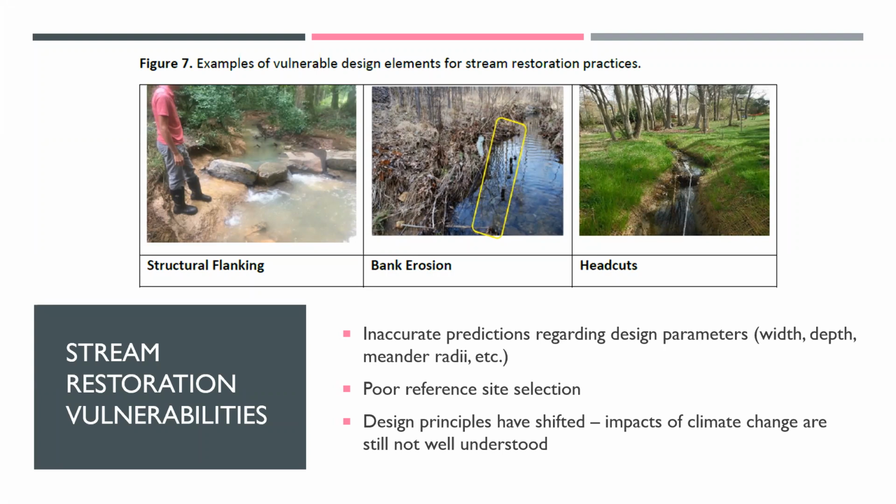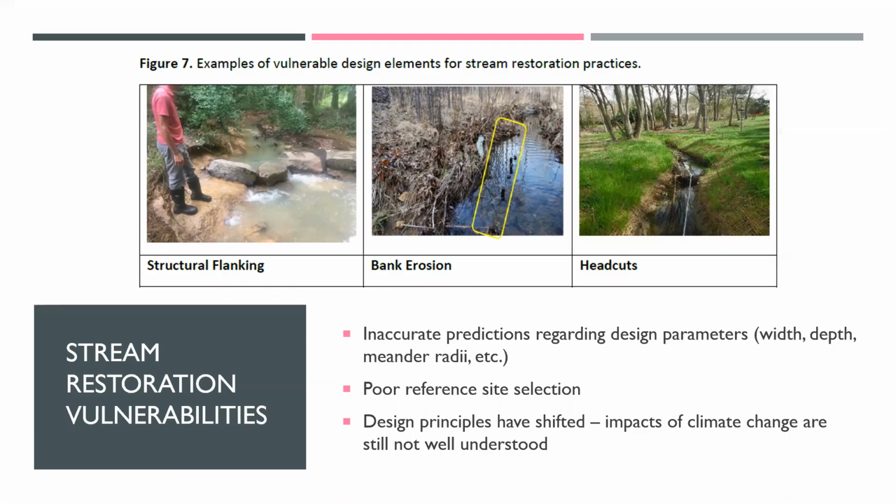If you don't have a good reference site chosen, you might size your channel not appropriately for future climate conditions and things like that. So while the design principles have shifted, the impacts of climate change are still not understood in a stream restoration context because it is so new as a practice or as a BMP.